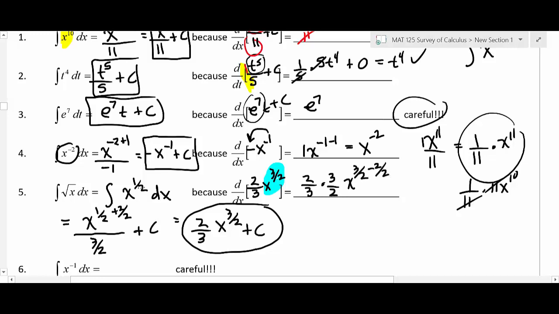And hopefully we get back to x to the 1/2. Well, what happens there? That crosses out, that becomes 1. Then you have x to the 1/2. So you're right. Learning how to check your answer on an integral helps you understand what an integral is. Okay, does that look okay?